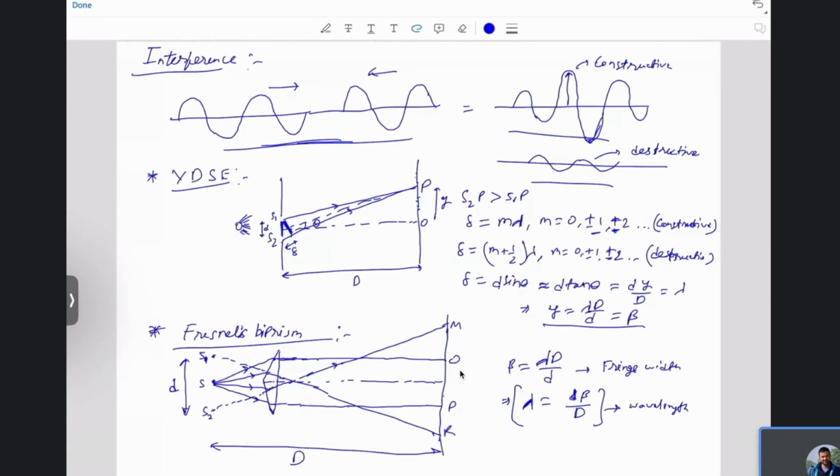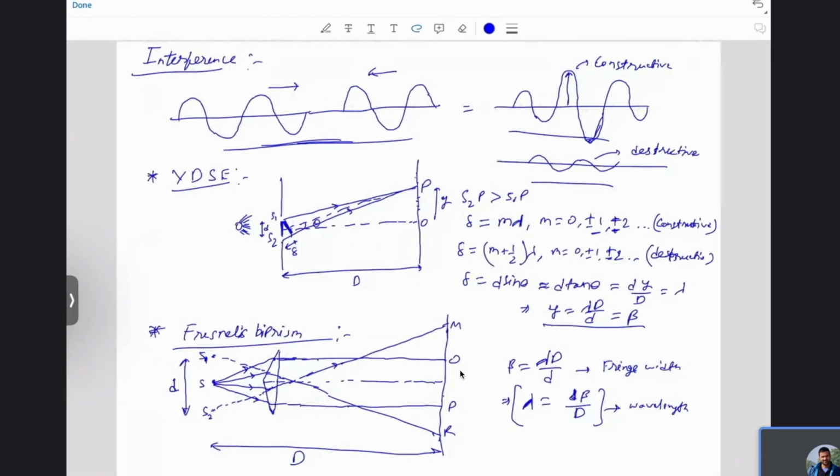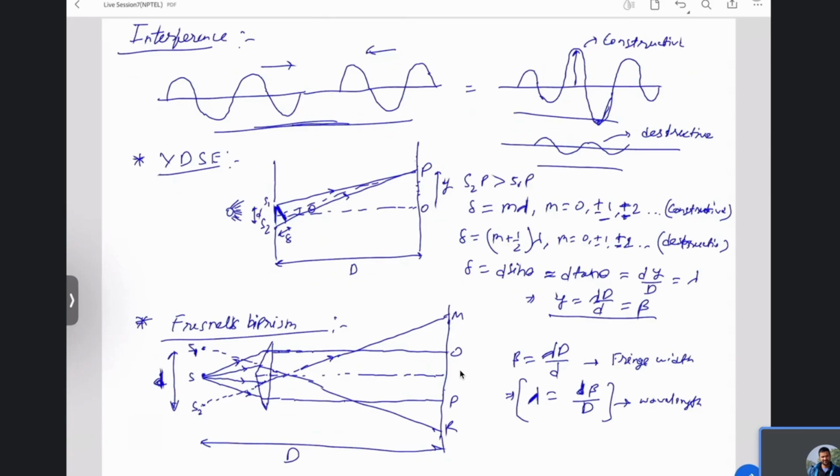Maybe this I will discuss in the problem. There will be a problem, and there I'll discuss how we can measure this distance d between the two virtual sources. So for now, let's keep these formulas in mind, and let's go to the problems that we have.